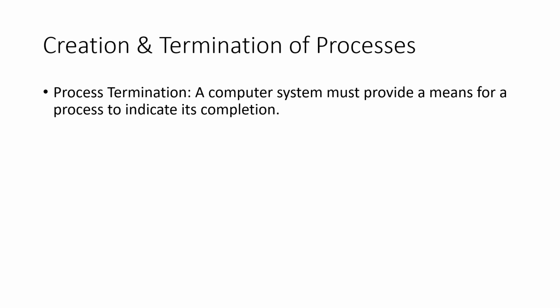When it attempts to execute a non-existing instruction, termination will happen. Or if the process attempts to execute a reserved location or a reserved resource for the operating system, termination can also happen.